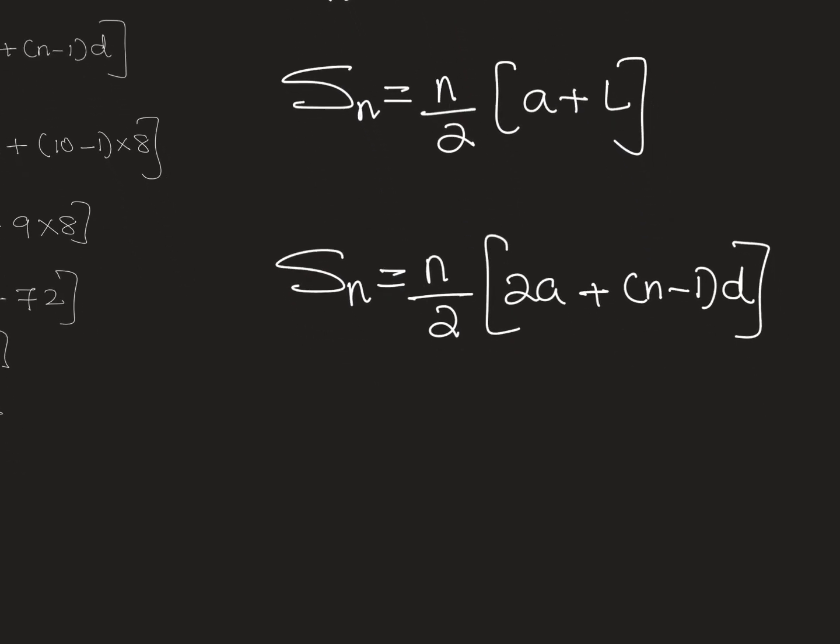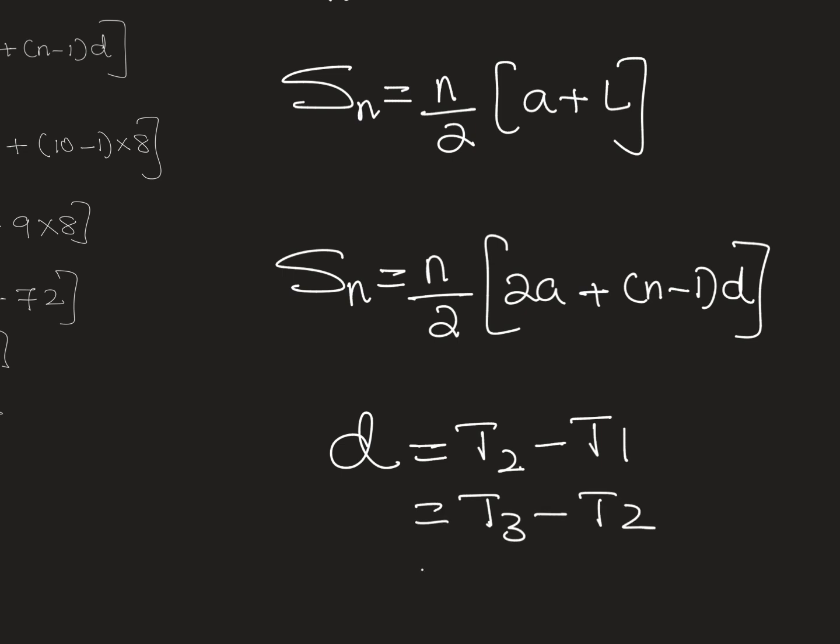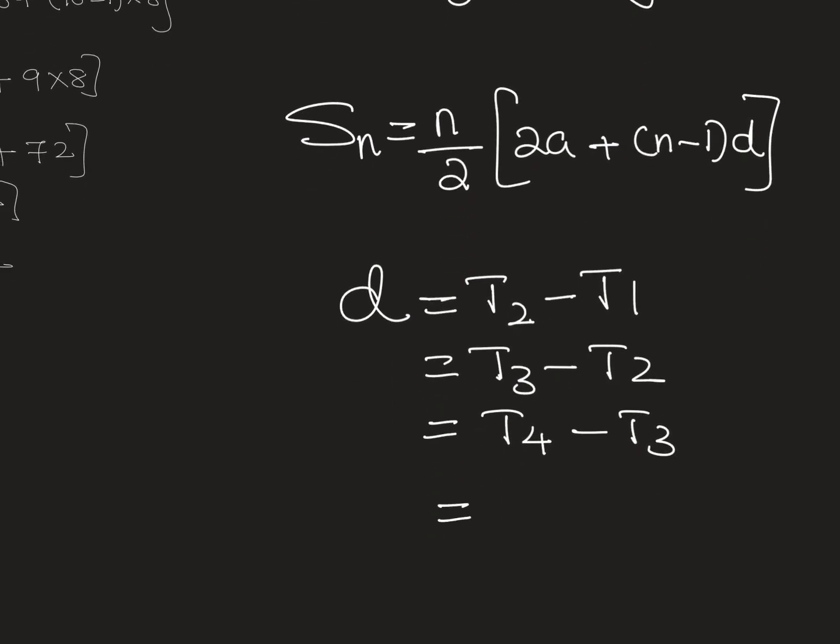To find the common difference, d is always the second term minus the first term, or the third term minus the second term, or the fourth term minus the third term, or the fifth term minus the fourth term, and it goes like this.